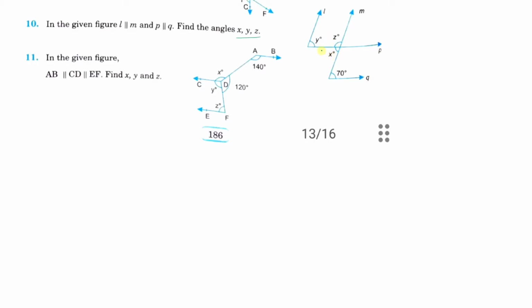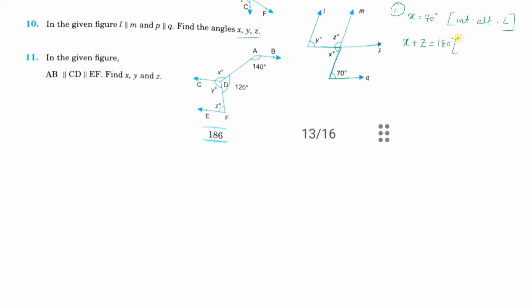So look here, we are getting a Z-like structure. So this x will be equal to 70. So x equals 70 degrees. The reason will be interior alternate angles. Okay. Next, x and z are adjacent angles, so their sum will be supplementary. x plus z equals 180 degrees.